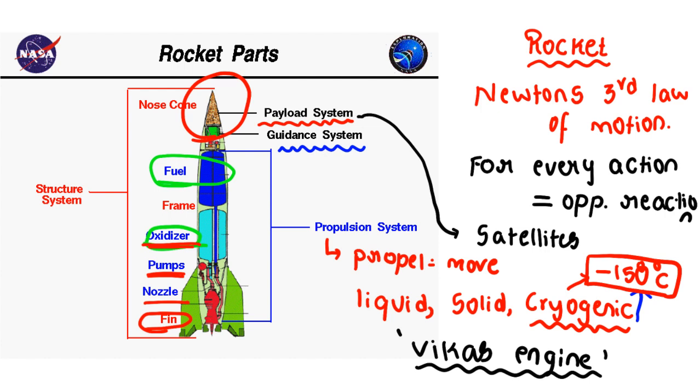Otherwise, see, if any misbalanced thing happens in the rocket, the whole structure may collapse without any usage for the second time. Clear? Are you getting? So rockets are very important to place the satellites in the space. So that's why we are learning each and everything, the rocket parts.